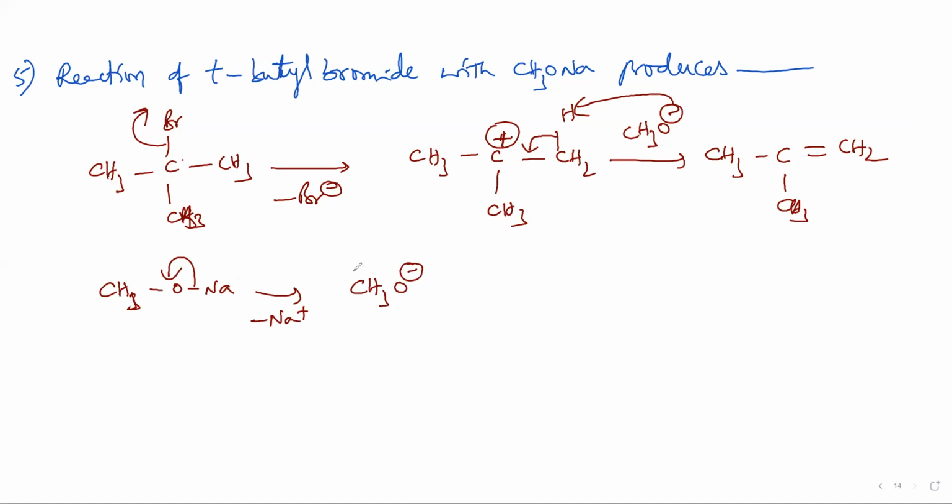CH3O minus. Now this acts as a nucleophile. Na plus is eliminated because oxygen is more electronegative than sodium. So oxygen will take up that electron pair, and sodium is departing as Na plus ion. Clear? Yes, sir.